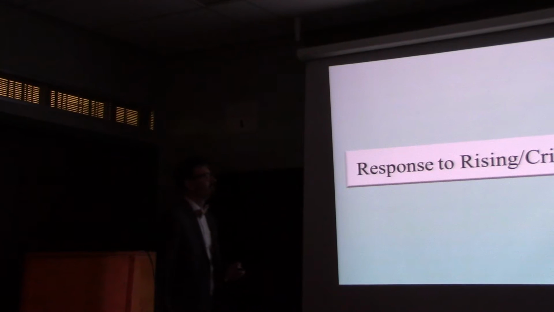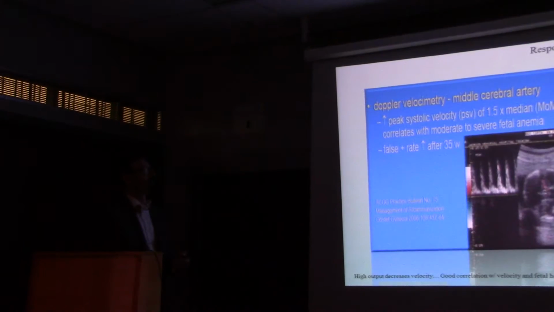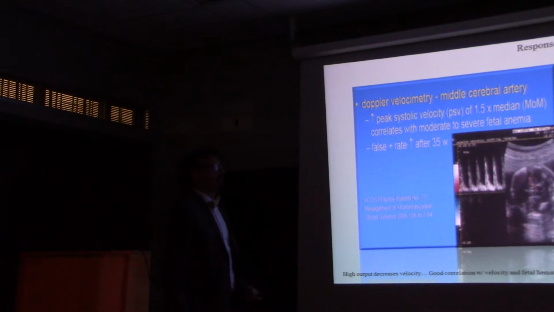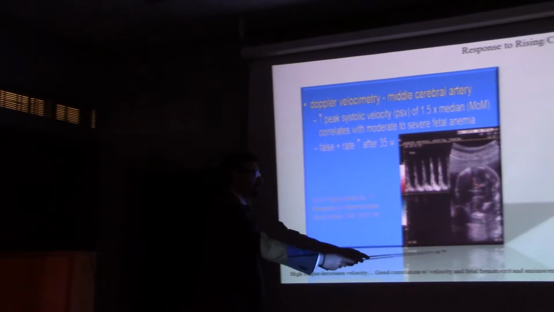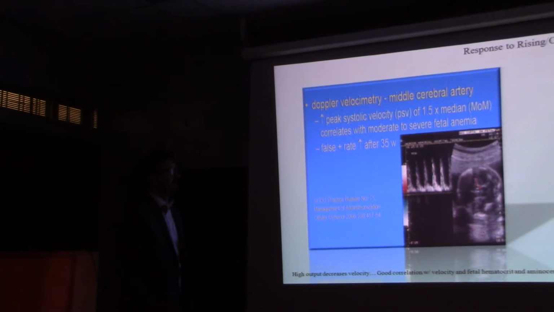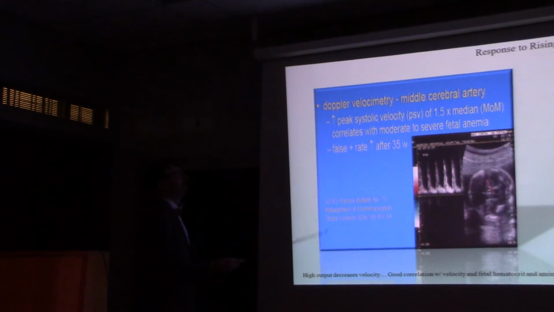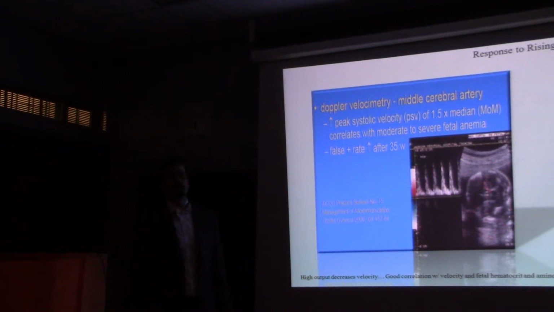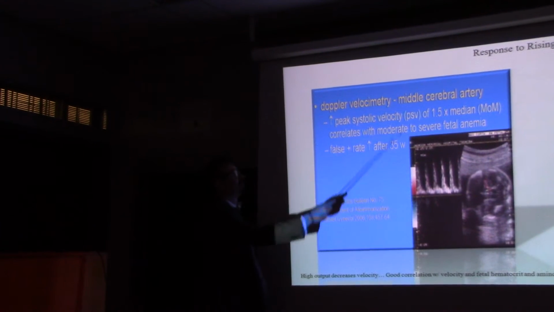So in response to the rising or critical titers, one of the things that is very non-invasive and actually correlates quite well to the fetal hematocrit and amniocentesis is to do Doppler by looking at the middle cerebral artery. And you want to see the velocity.